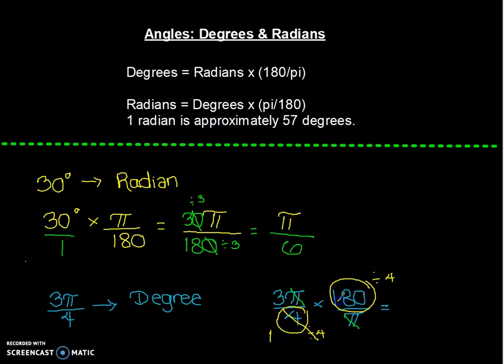And 180 over 4 can be changed to 45. Then to multiply straight across, 3 times 45 would give me 135. And multiplying straight across, I have 1 over, well, technically this is 1 as well, which is just 135.